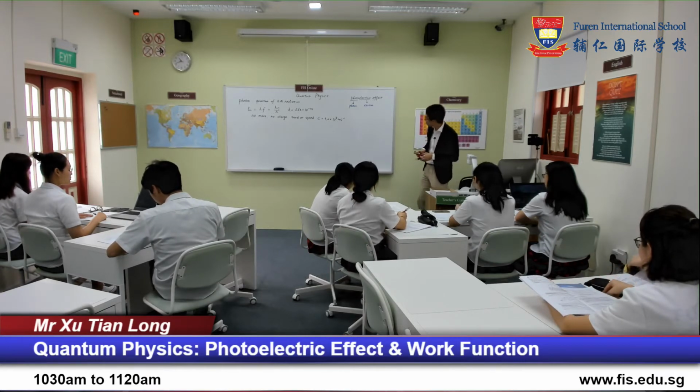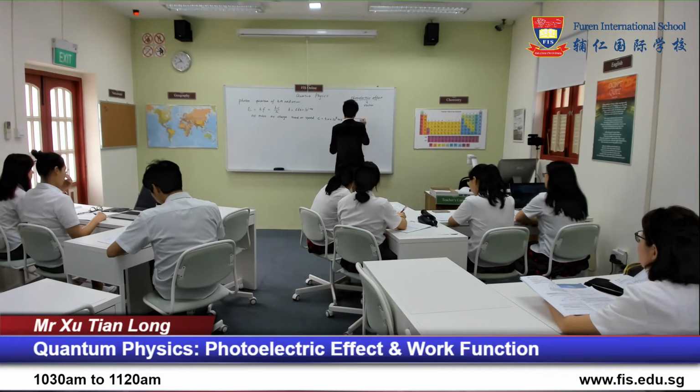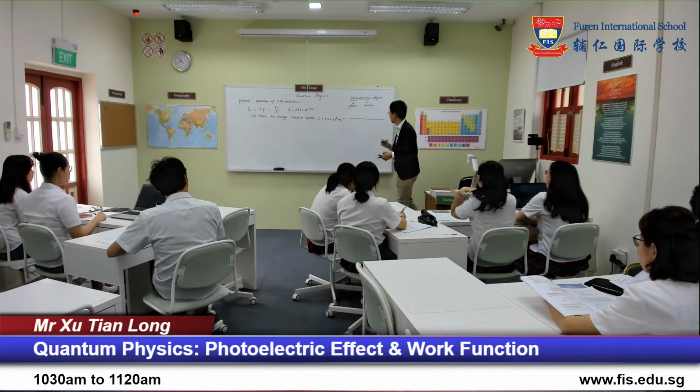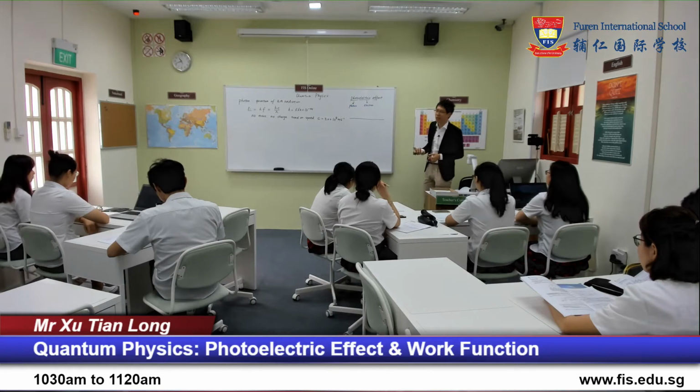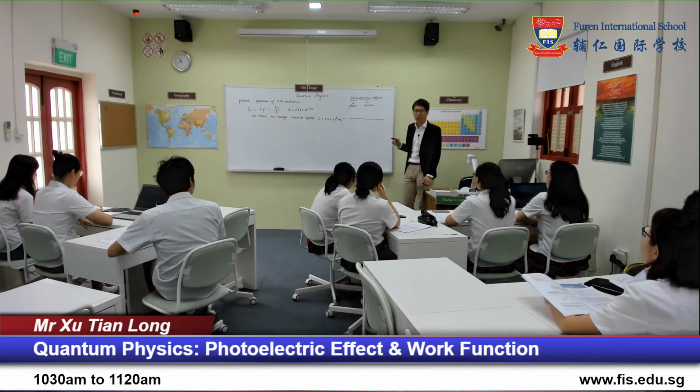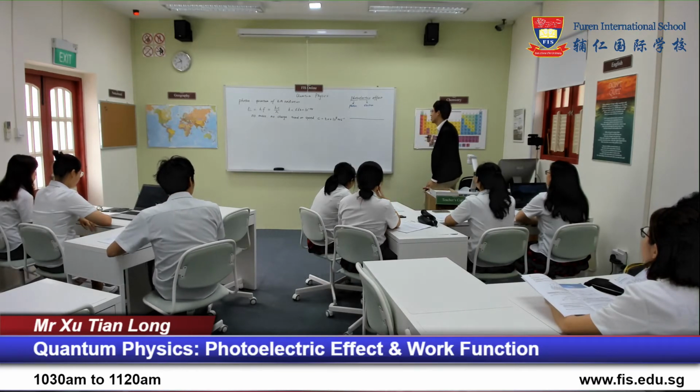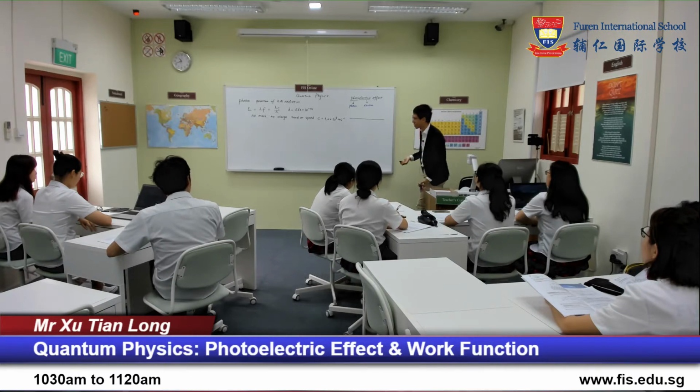Okay, so let's look at the metal surface. Then what is the type of bond inside metal? Metallic bond, right? Then can you tell me what's the structure of metallic bond?